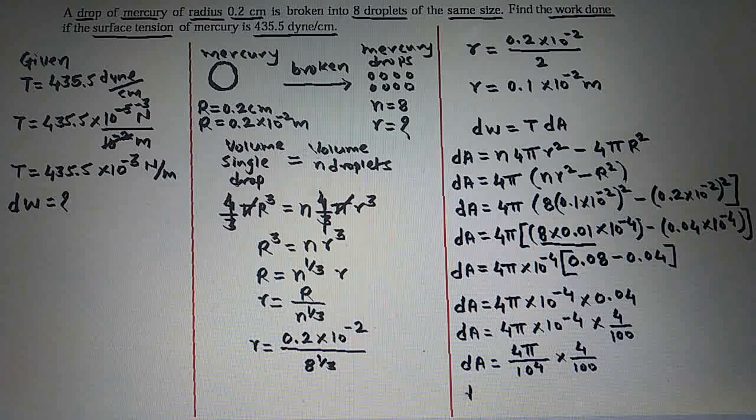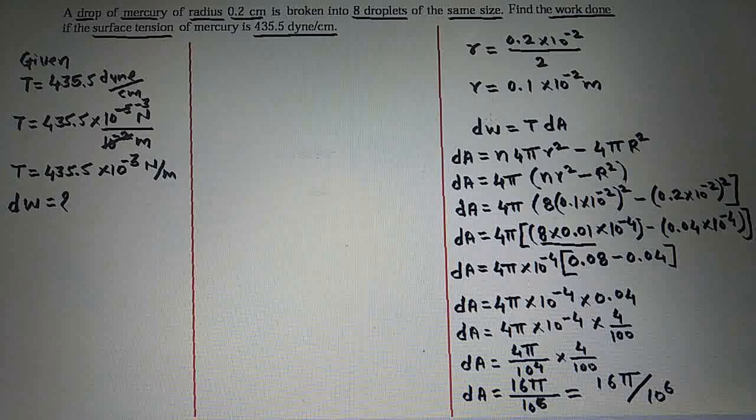Then we can write this dA as 4 into 4, it will be 16 into pi divided by this 10 raised to 4 into 100, 10 raised to 4 into 100, it will be 10 raised to 6. So what is dA here? dA is 16 pi divided by 10 raised to 6.